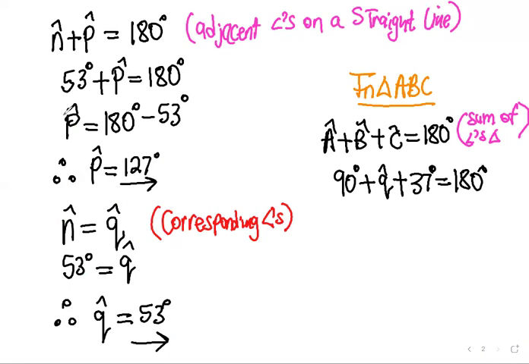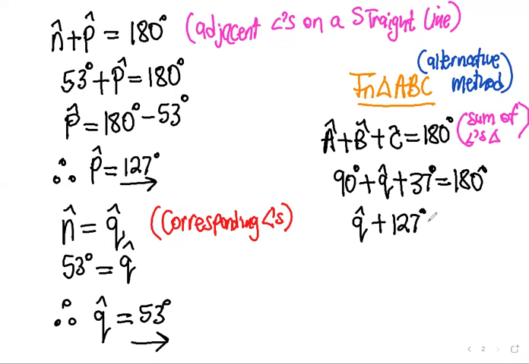Remember, this is an alternative method that I'm showing you in order to get the size of angle Q. And then you're going to say angle Q plus, then you add the two angles, 90 plus 37 degrees. What are you going to get? You're going to get 127 degrees. So you say 127 degrees equals 180 degrees.